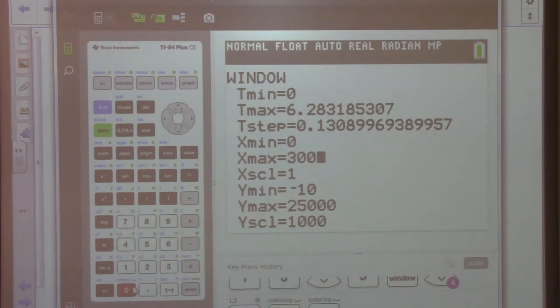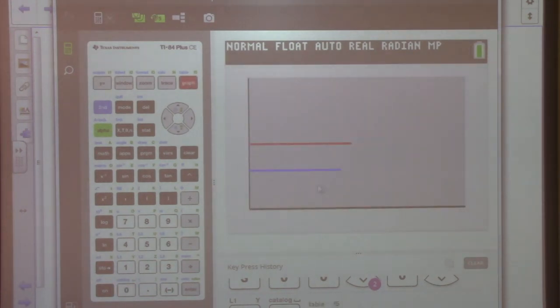So here is our viewing window, and we know that we are at y2 and y1, so if we go to 10, we should be able to get that window. Make sure you have everything dimensionalized right. And then once you have that, you can graph.